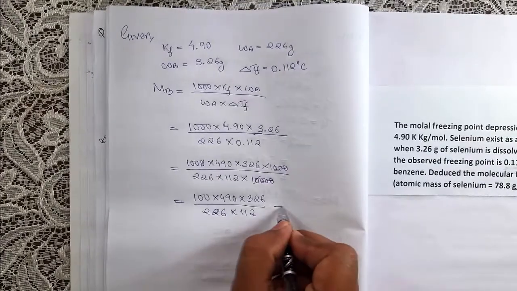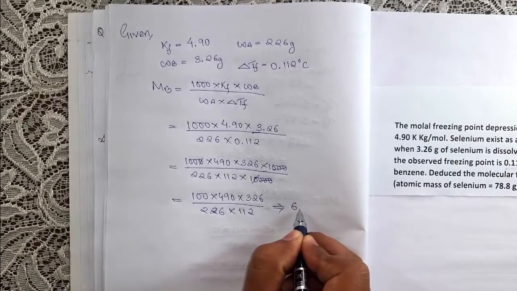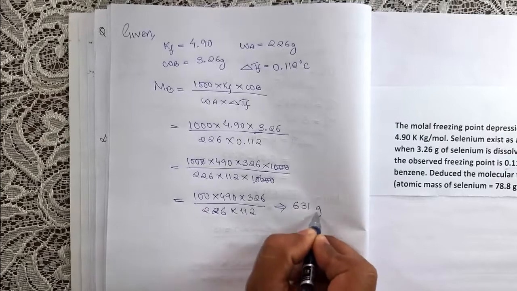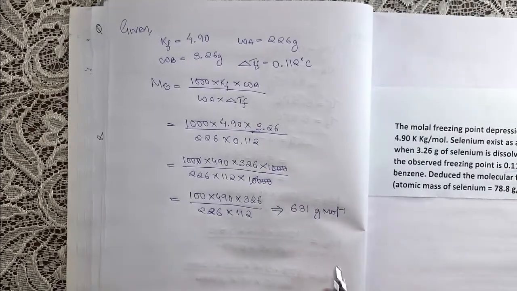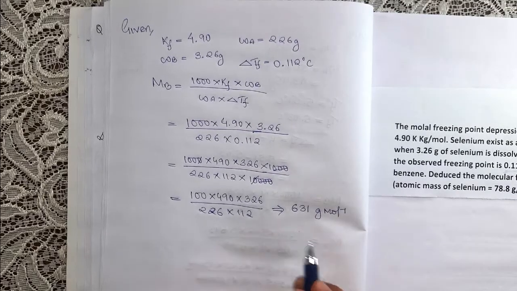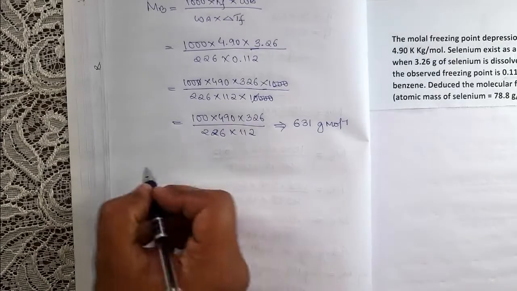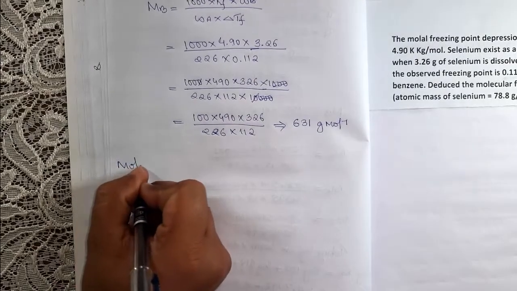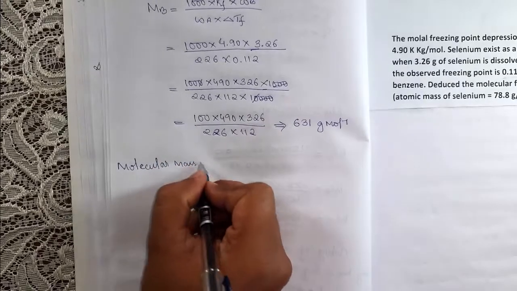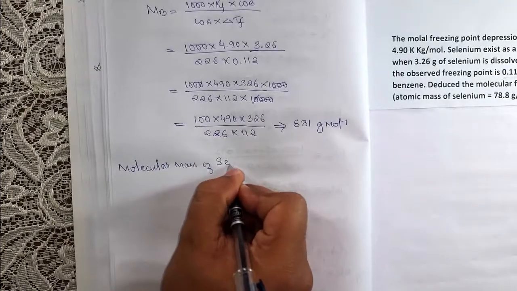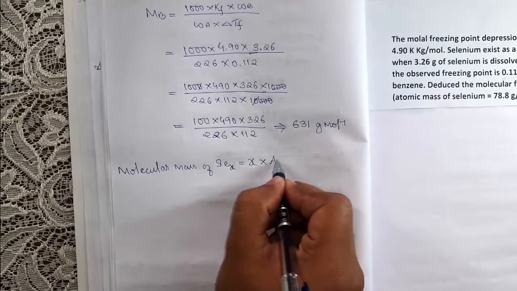If I calculate these values, you shall have 631 gram per mole. 631.0, so you can just take 631. This shall be the molecular mass of selenium. So I can write the molecular mass of selenium, SEX, equal to X into atomic mass.